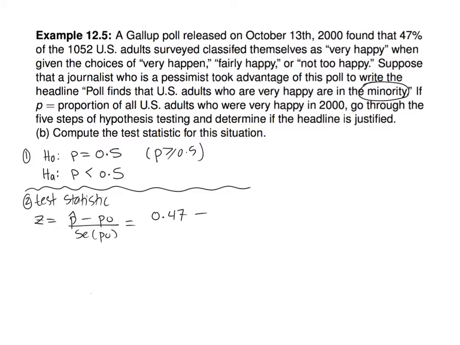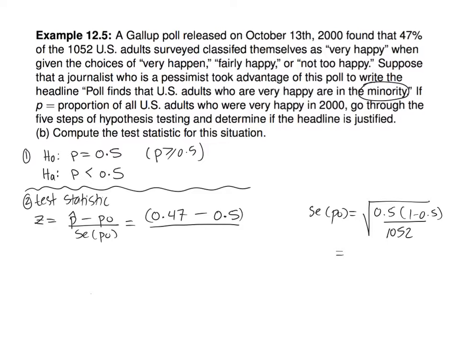What is p naught? 0.5. Over, okay, well, the standard error of p naught, that's the root of 0.5 times 1 minus 0.5 over 1052, which I got comes out to be 0.0154.